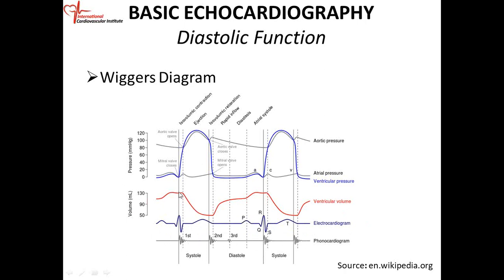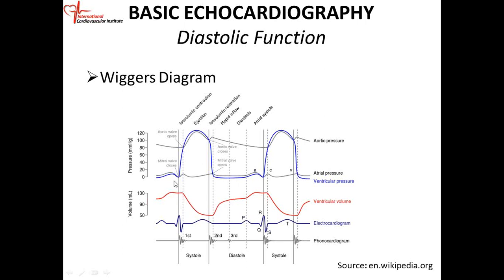If you start at say 130 mLs, at the end of systole you'll get a volume which we call the end systolic volume, because blood has been pumped out with the so-called stroke volume, the volume of blood pumped out of the heart per beat. So the ventricular volume decreases in systole, and then of course it fills up in diastole.